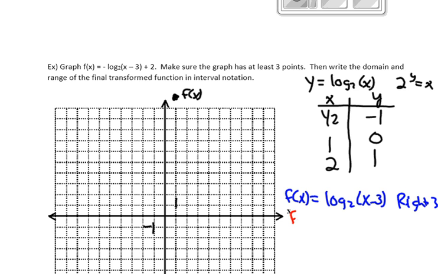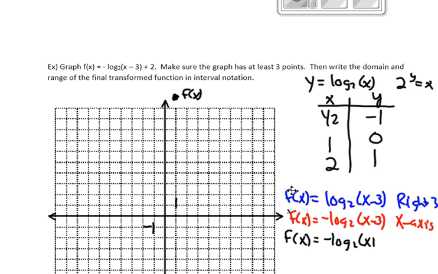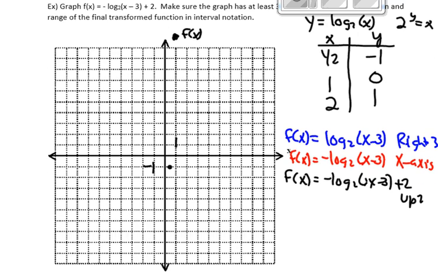The next one is going to be the negative, which will reflect across the x-axis. And then I've got to add the 2. Okay, so first of all, I will graph the original. I'm going to scroll this down a little bit.